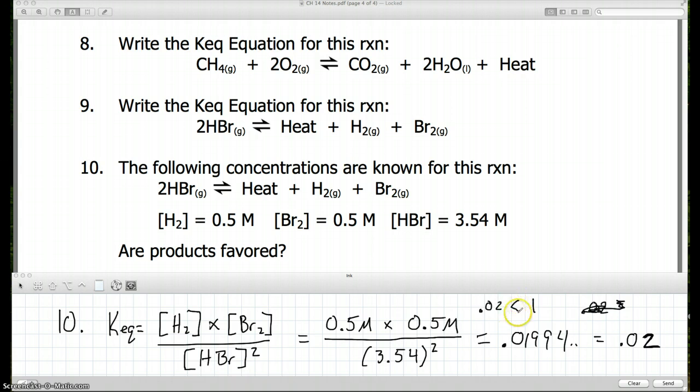So it points to the left. So that would mean that the stuff on the left of a reaction, those are the reactants. So the reactants are favored. So to answer this question, products are not favored, basically because our answer is less than 1. If it's less than 1, reactants are favored. If it's greater than 1, products are favored.